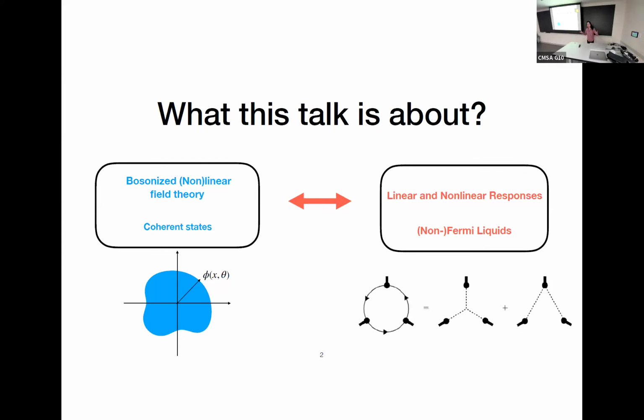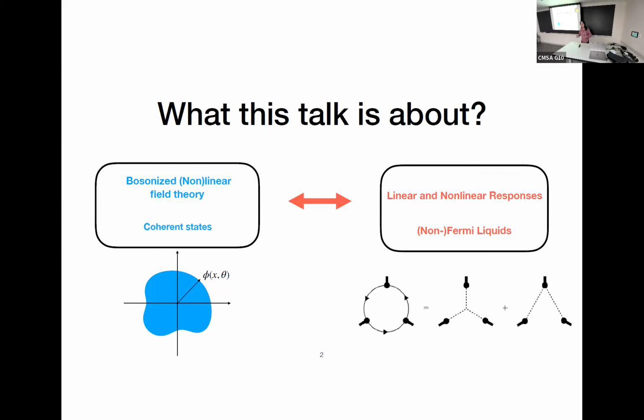Now we can ask why this topic gives us some benefit. I would say it gives us a motivation and benefit to study linear and nonlinear responses. For example, if we want to compute a higher point correlation function, like the 3-point density correlation function, on the fermionic side people usually use the one loop diagram.